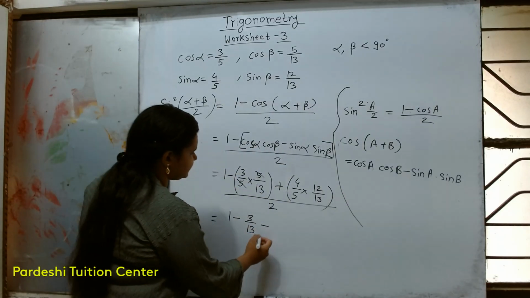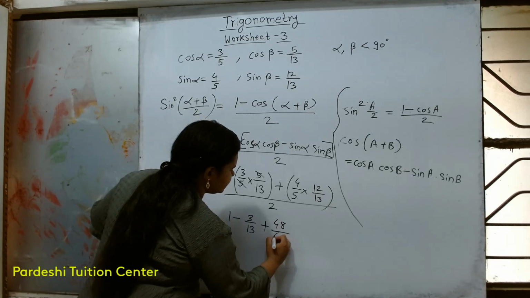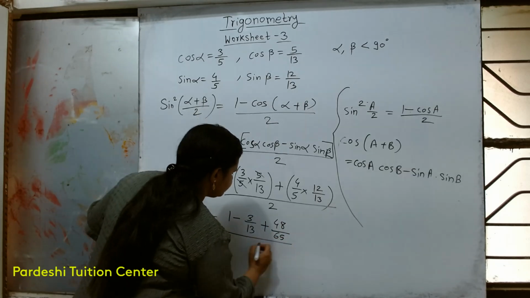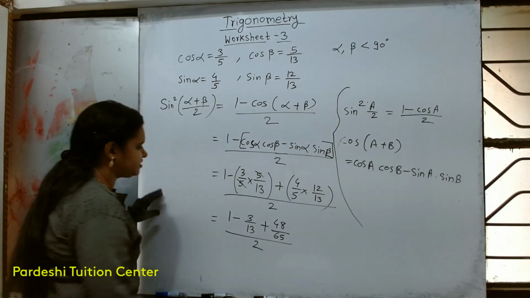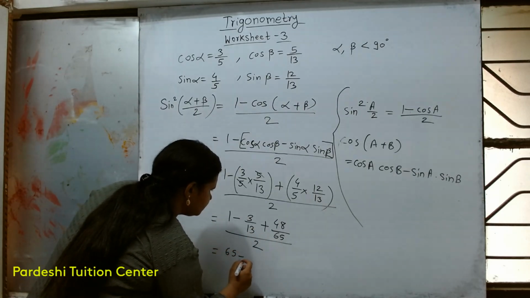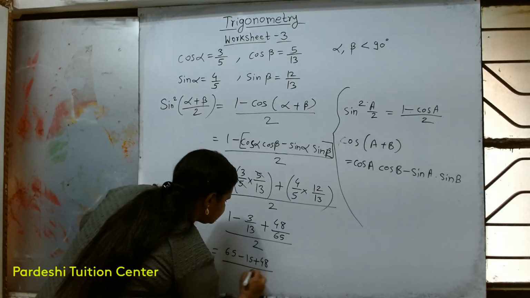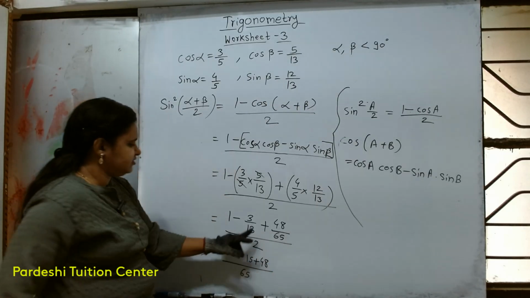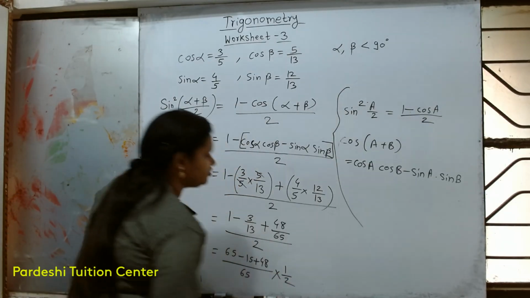So 1 minus 3 by 13 plus 48 by 65, again upon 2. Now again if we take the LCM, it will be 65. So it will be 65 minus 15 plus 48 upon 65. I can write upon 2 as 1 by 2, so it will be into 1 by 2.